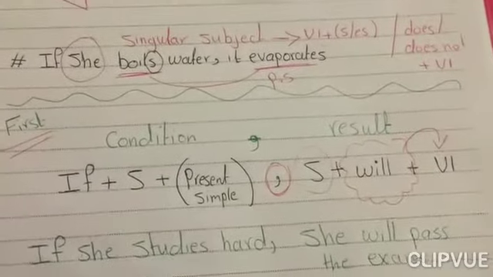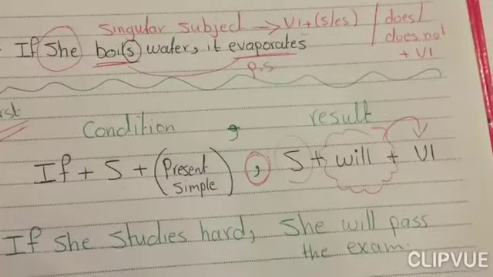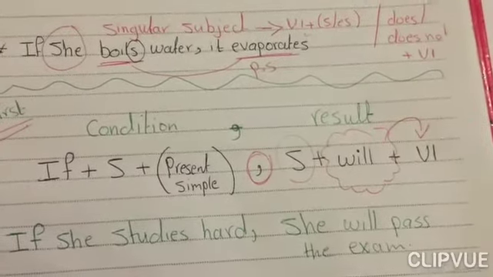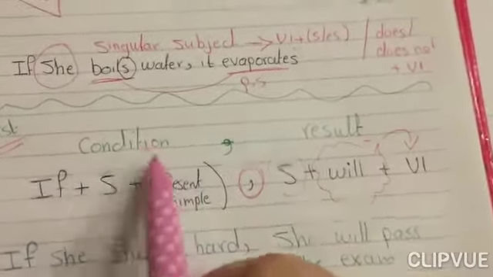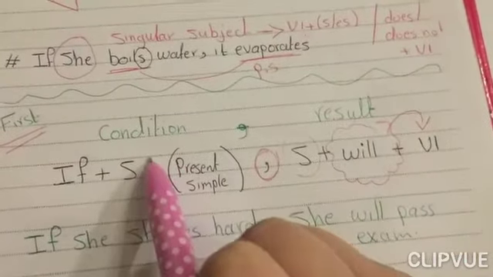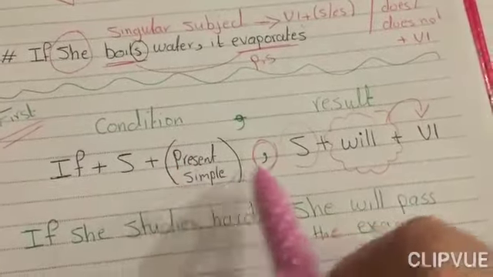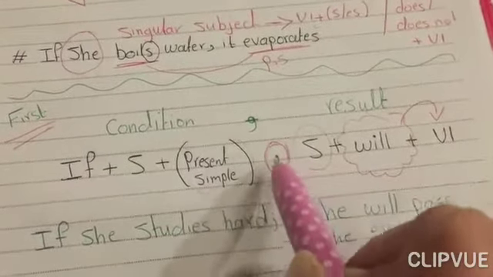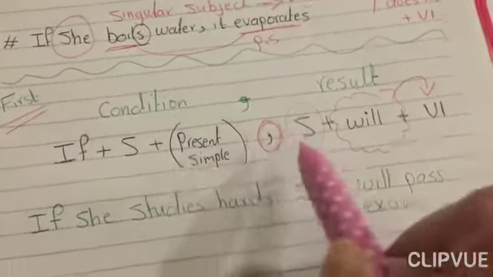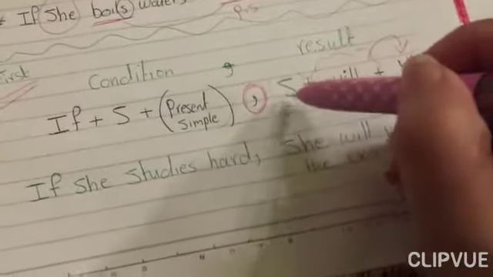Now let's go to the first conditional. We use it when we're going to talk about possibilities, things that might happen or might not happen. Again, we have two parts in the conditional sentence, the condition and the result. In the condition we have if, subject, and we use present simple. Then you have to put a comma between the two parts.